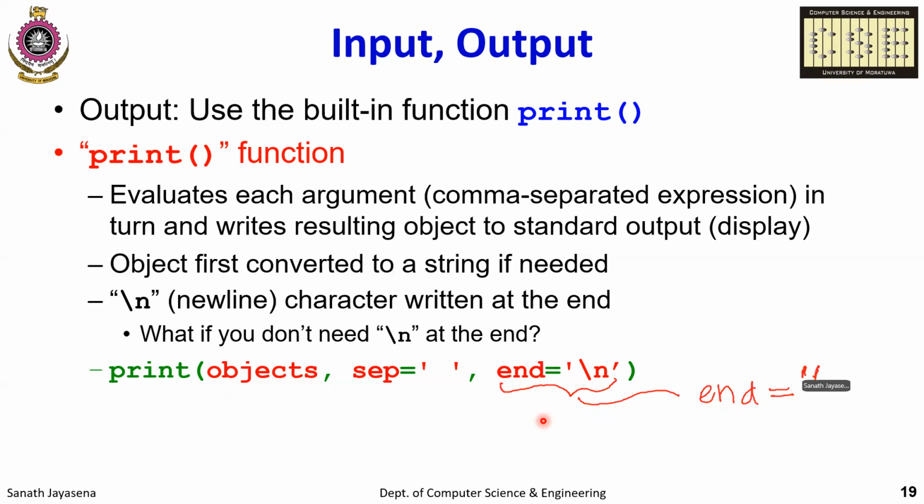Then at the time of calling print, if this value is set like that, it can prevent inserting the new line, right? Because we are basically overriding the value there. Okay, right.